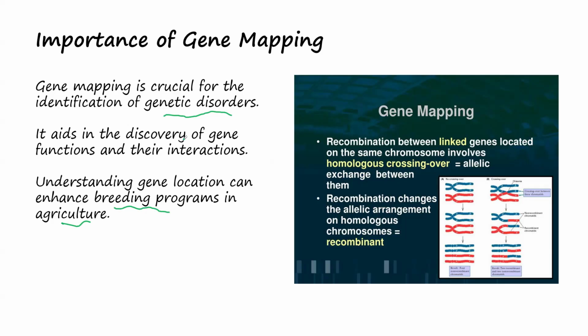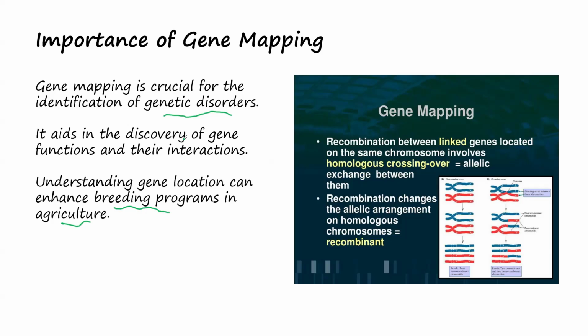Some of them can be on the same chromosome, some on different chromosomes, or at different arms. So the recombination between the linked genes is one of the areas that gene mapping delves into. Of course, recombination changes the allelic arrangement on homologous chromosomes.